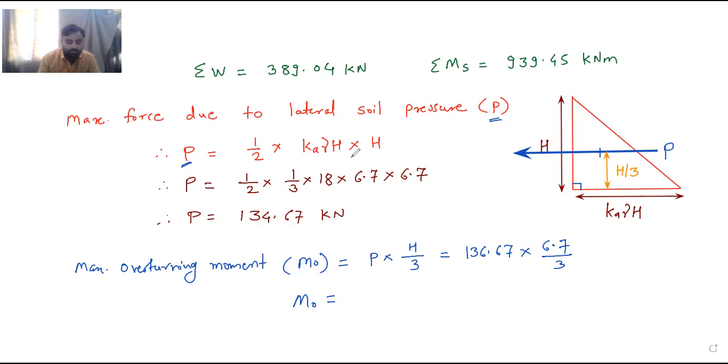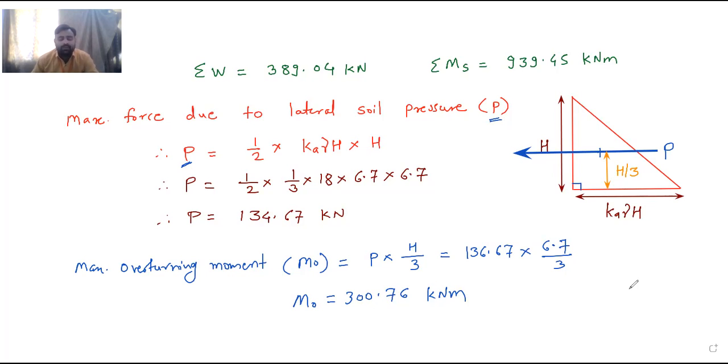Let me solve it also. It comes to near about 300.76 kilonewton meter. This value we have got now.